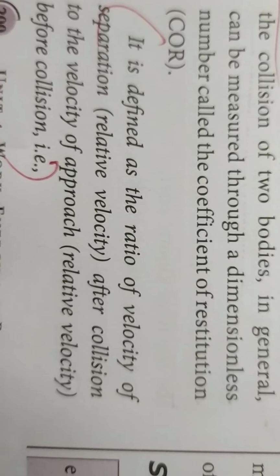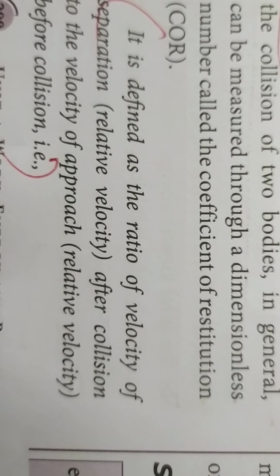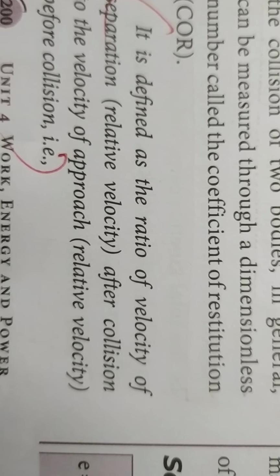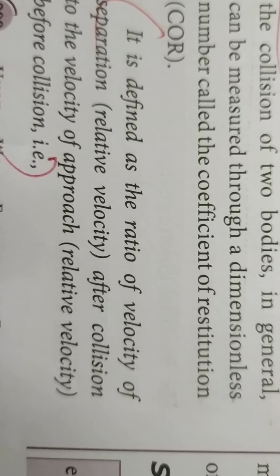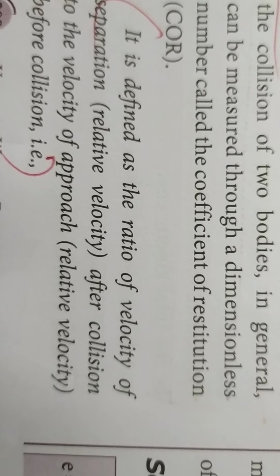And what is the definition? It is the ratio of velocity of separation, that is the relative velocity after collision, to the velocity of approach, that is the relative velocity before collision. You have to divide these, then you will get the coefficient of restitution.